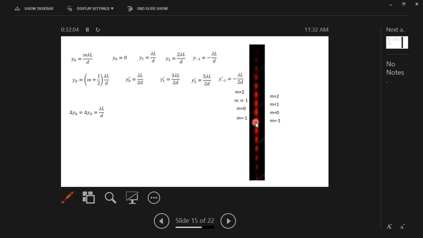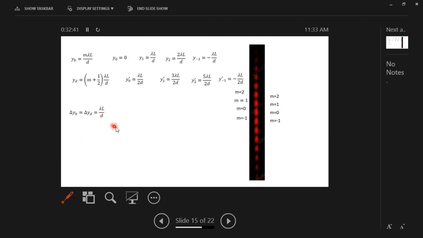So what I'm saying here, for example, from the center of the central fringe to the center of the first bright fringe, where the distance is this, I just told you, you have half a width for the bright fringe, one full width for the dark fringe, and then another half width of this bright fringe.